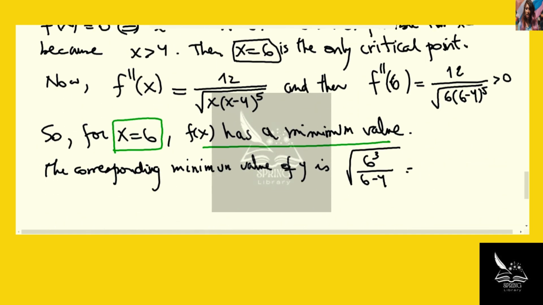That is 6 square root of 6 over 6 minus 4, which is 2 square root of 2, and 6 is 3 times 2, so we get 6 square root of 3 times square root of 2 over square root of 2.